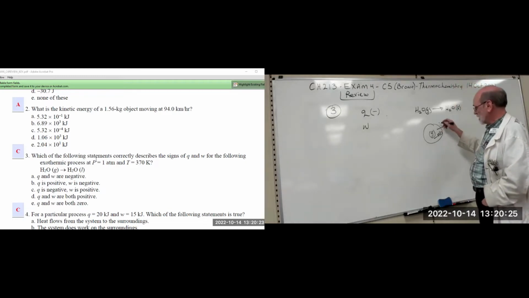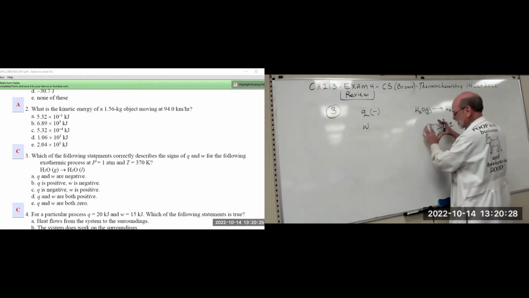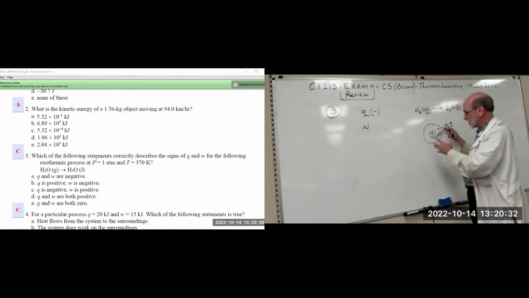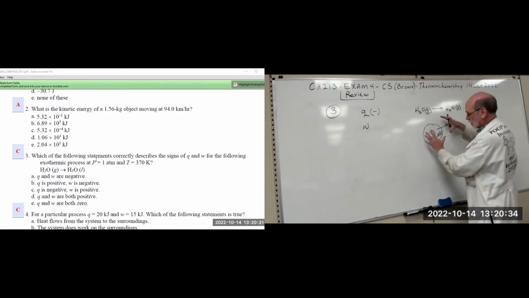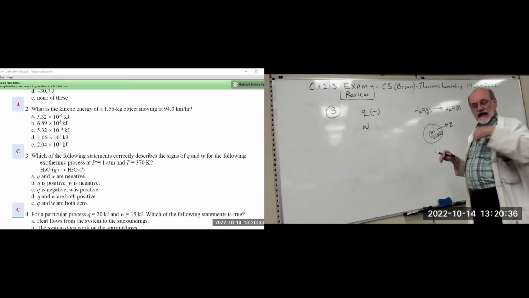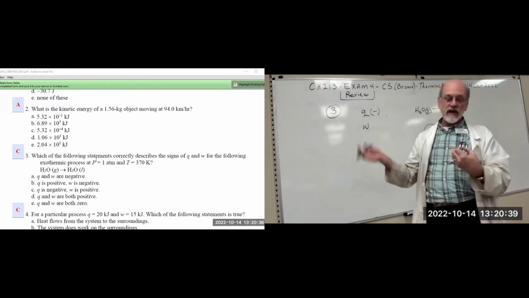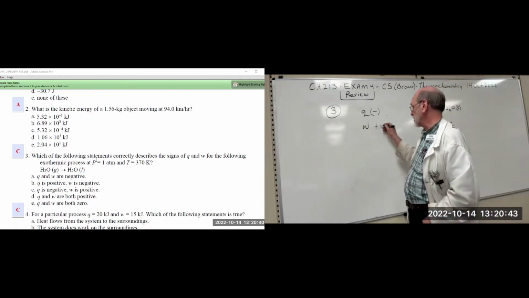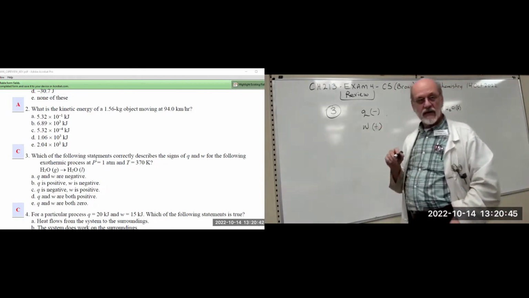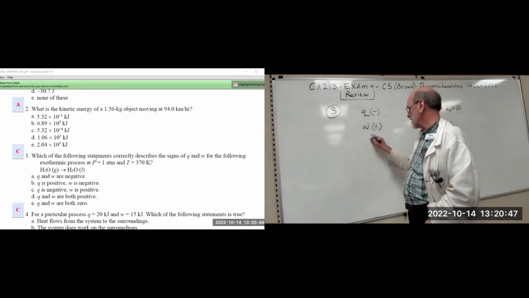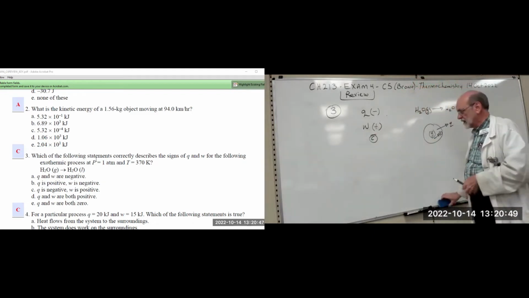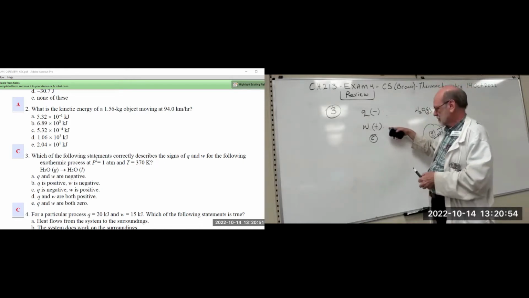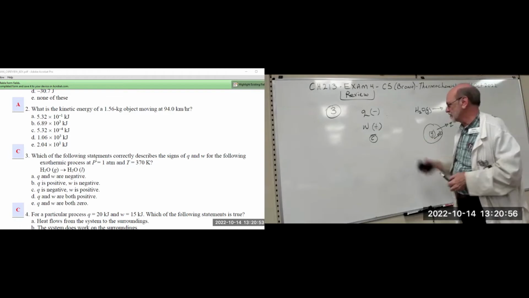In other words, if we allow this system, and that's what will happen if the gas is allowed to do this in the open, it will shrink. And as a gas reduces in volume, work has to be done on it by the surroundings, which makes this positive. Okay. So that's why the answer is C for that one. This one is fairly straightforward. That one takes a little mental dexterity.